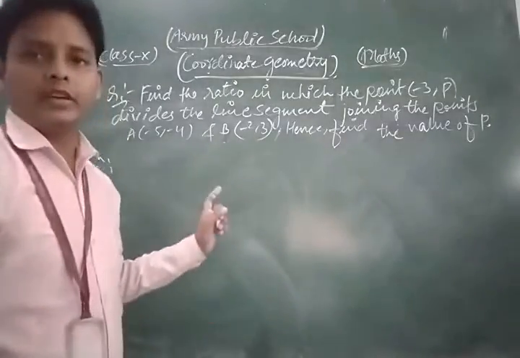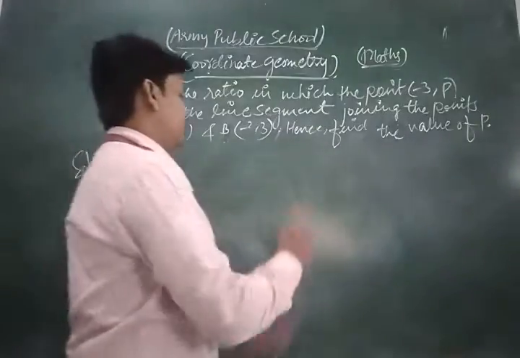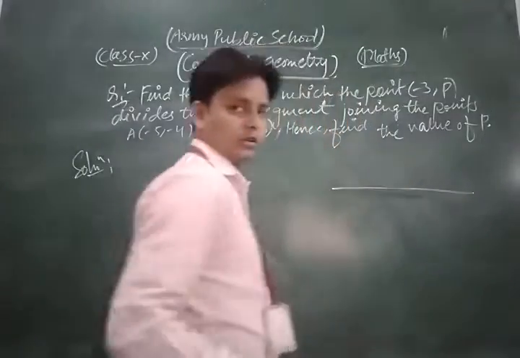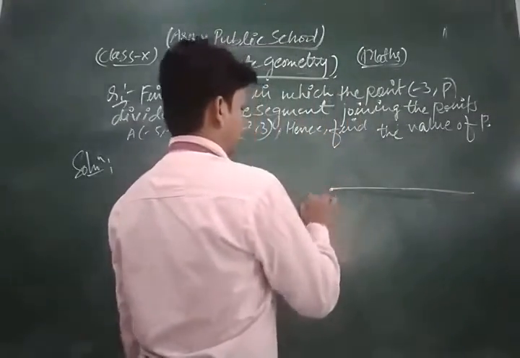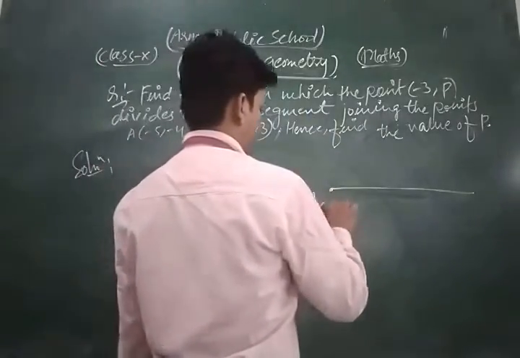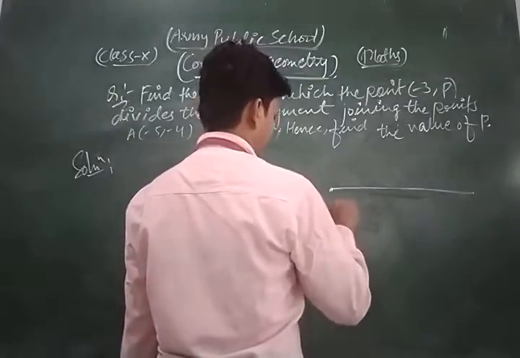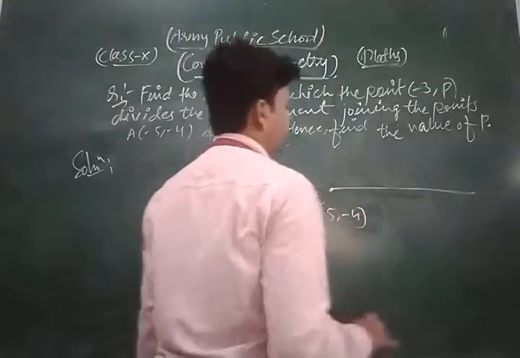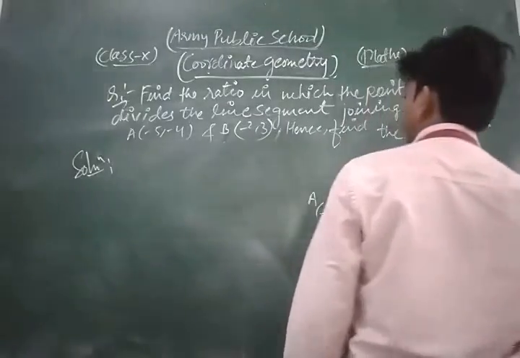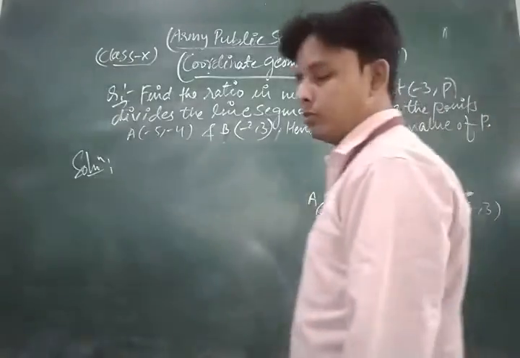Dear friend, this is a very important question based on the section formula. So let's see. First of all, we draw a line segment. Suppose that we have a line segment and the coordinate of A is given as minus 5 comma minus 4, and the coordinate of B is also given as minus 2 comma 3.